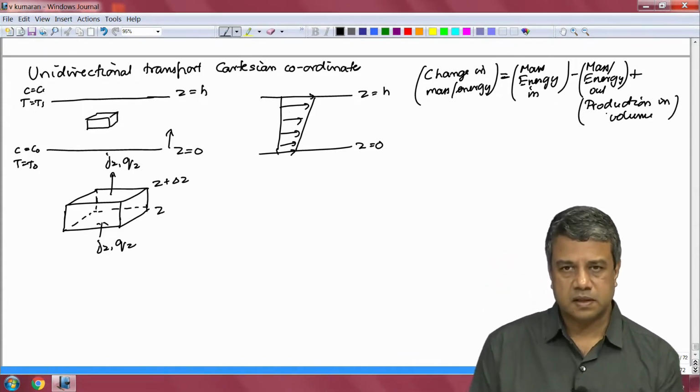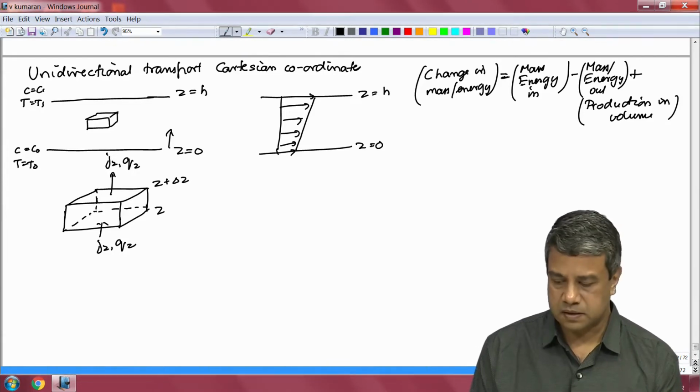Okay, there is a conservation condition for mass conservation and energy conservation.